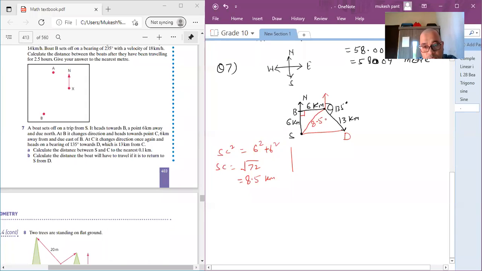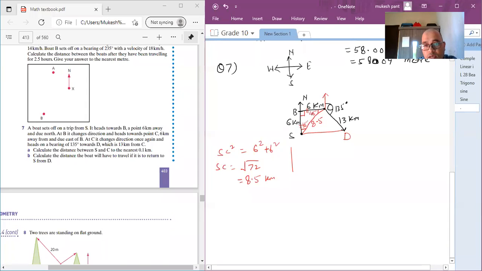Can anybody suggest what this angle will be? Look, guys, this is 6 and this is also 6, and this is 90. These two angles will be equal, because this is 90 degrees and these two sides are equal. This is 45 degrees, and this will also be 45.